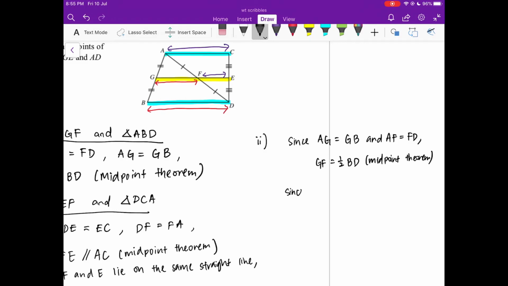Same thing, since CE equals ED, and AF equals FD, we can conclude that FE is half of AC. This is also the midpoint theorem.